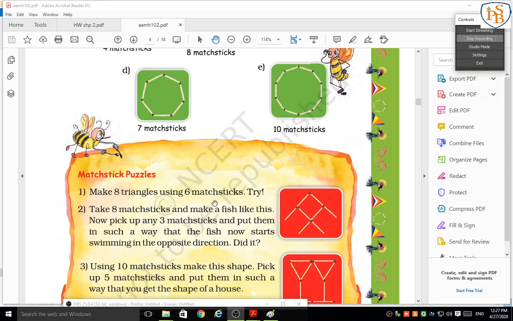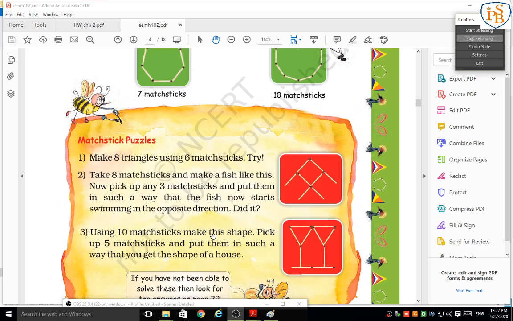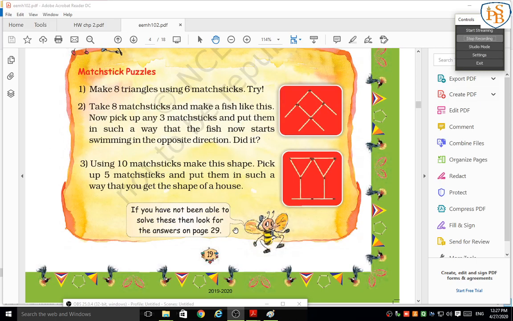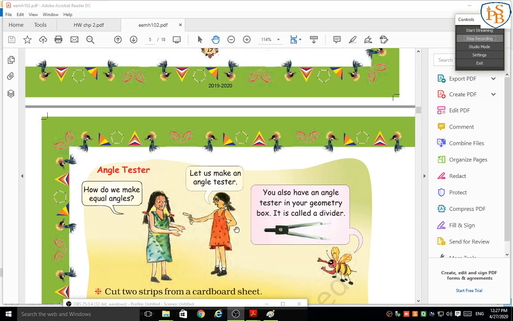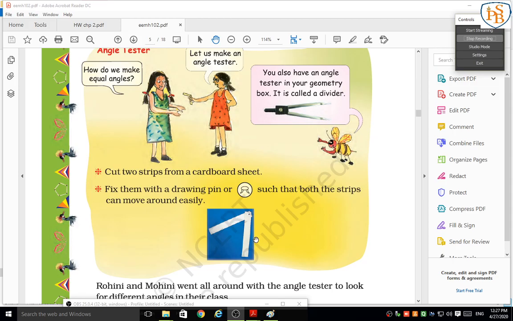After that students, I gave you one puzzle. Is it completed? Have you made it? Correct students? Done? Okay, we are just taking a review of what we have learned in the last two sessions. Then we learned how to make an angle tester and what the uses of an angle tester are.